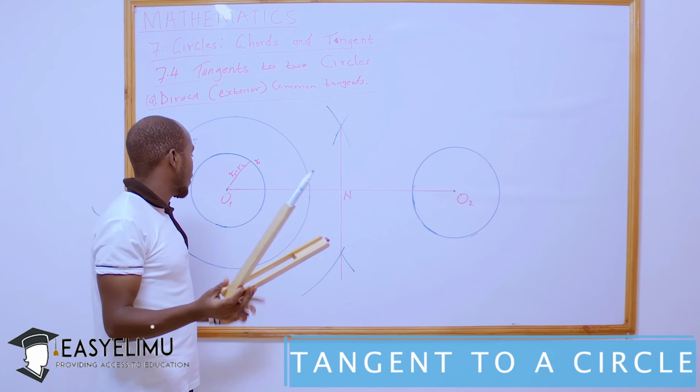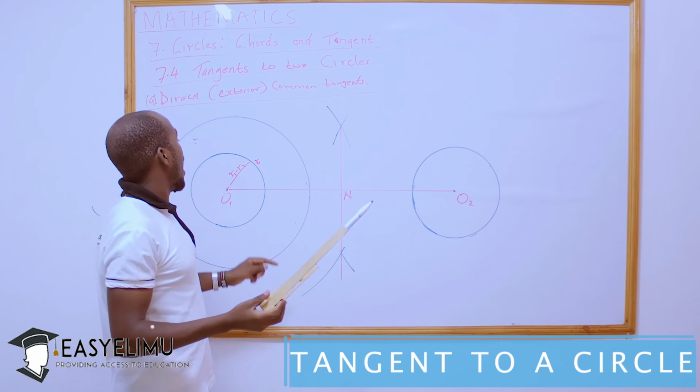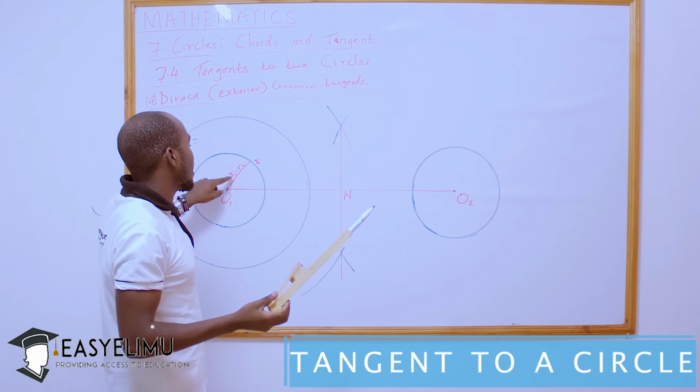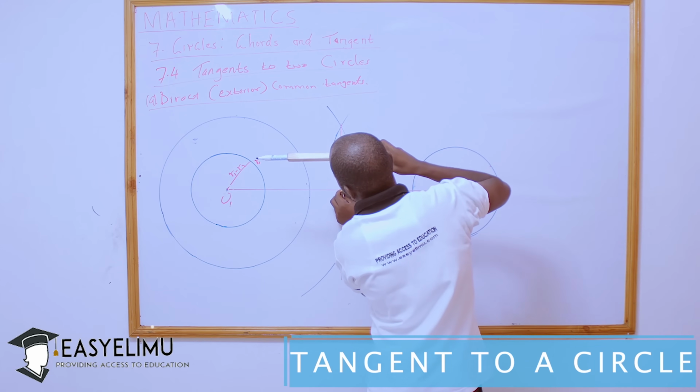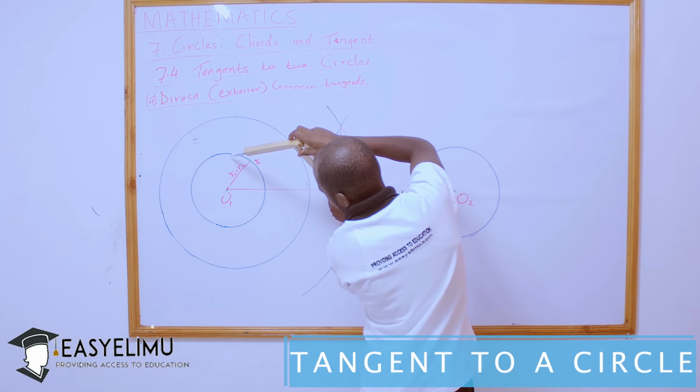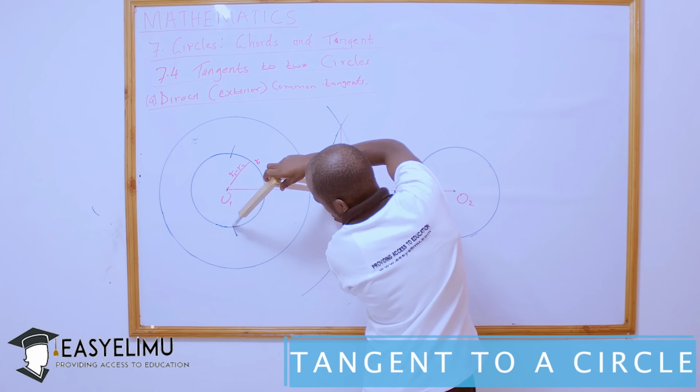With the same radius, which is O1N, I will cut the circle whose radius is R1 minus R2. Two arcs, one at the top and another one at the bottom part, that way and this way.